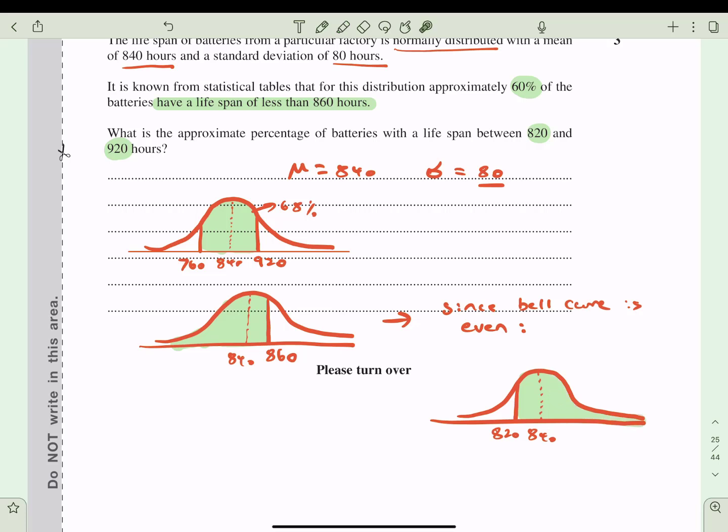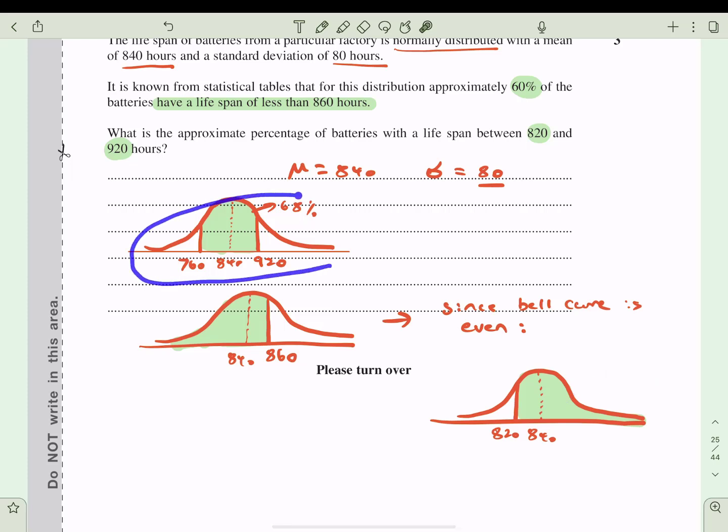So because my bell curve is even, this area must be equal to this area. And that's actually very helpful for us, because now I know for a fact that this entire area is 60%.